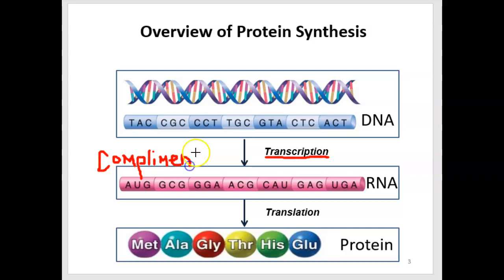So where we had TAC at the beginning of the DNA, the beginning of the RNA will read A, and then U instead of T. A is normally complementary to T, but we use uracil instead in RNA, our cells do, and then G. And that process of transcription continues in the nucleus until we have what is called a primary transcript.